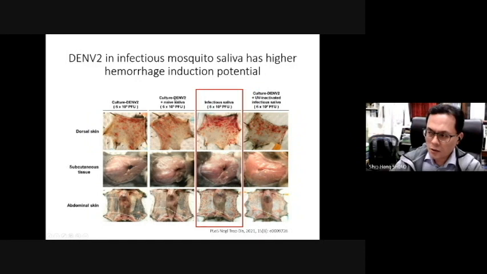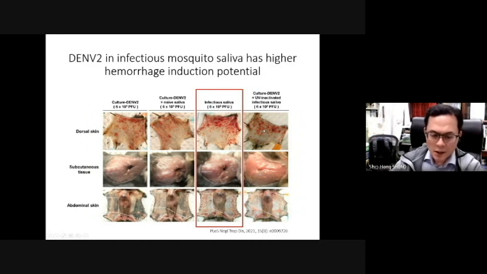So we call that culture DEN2 plus naive saliva. And then the third group is the mice infected with saliva from DEN2 infected mosquitoes. So we call that infectious saliva. And then the last group is the mice infected with culture DEN2 premixed with UV treated infectious saliva.